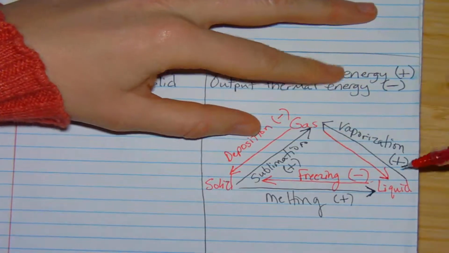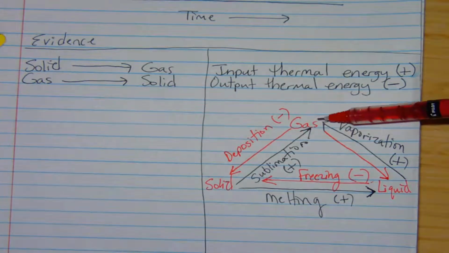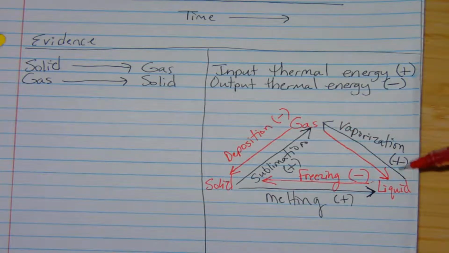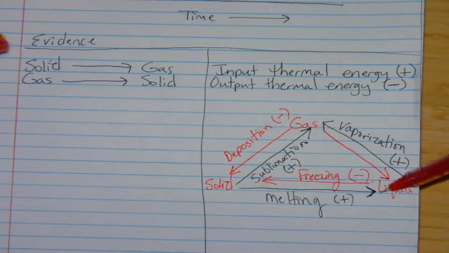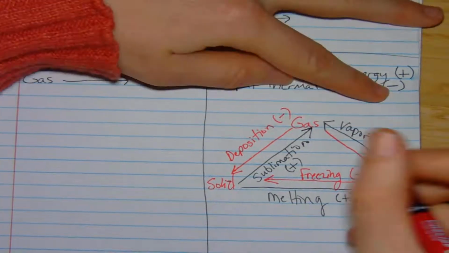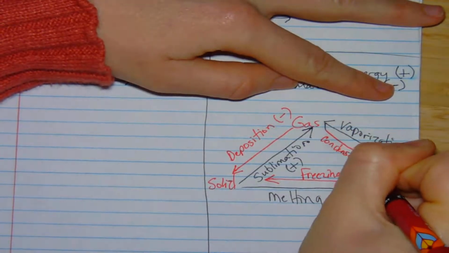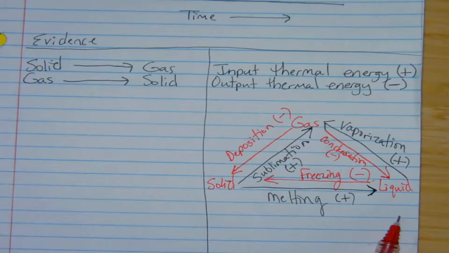You've got a cold can of Coca-Cola, and all of a sudden you sit it on the nightstand, or on an end table, and you've got a puddle of water. Okay, when that gas in the air hits the cold can, it causes it to condense into a liquid. So this is condensation, which is an output of thermal energy.